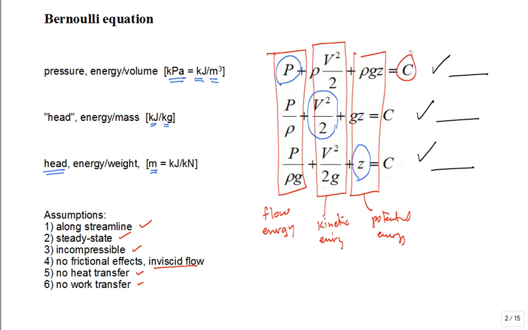All that makes sense? Good. Now you're ready to launch in and solve a lot of problems. Why not solve a problem right away? A pump increases the pressure of water from 100 kilopascal to 900 kilopascal. So there's a change in the pressure of 800 kilopascal of the water.